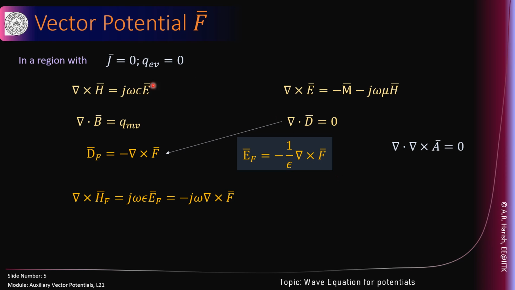Yes, we are going to take del cross of H equal to minus j omega epsilon E_F and substitute the value of E from here.